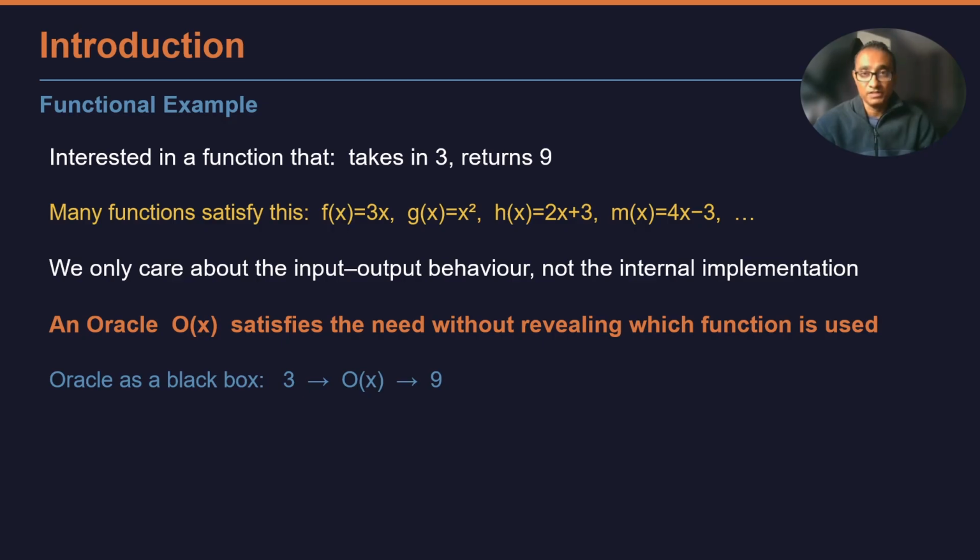An oracle is precisely that function which satisfies your need of translating input to output without revealing which function is used and what the function is actually doing. So in this case, you pass 3 to an oracle represented as O of x, and you get 9.